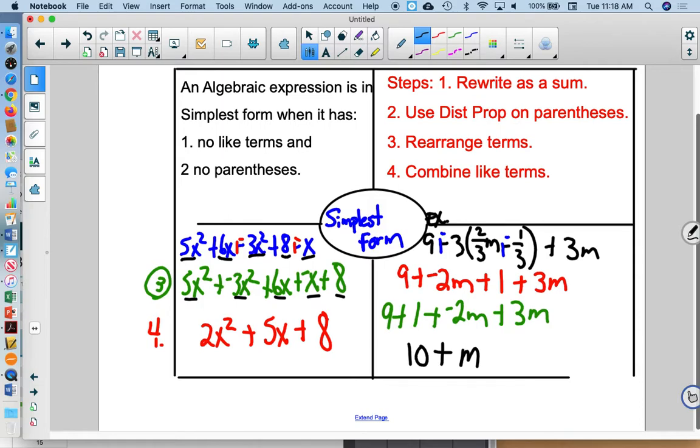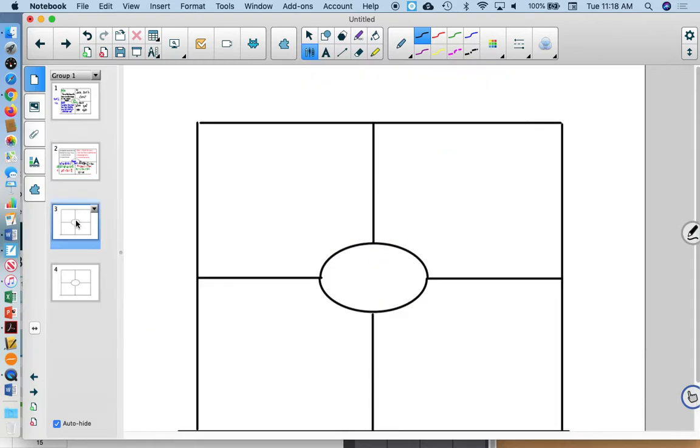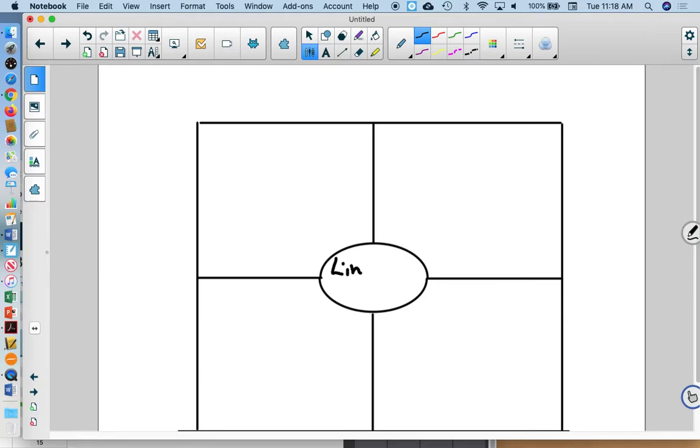There's one other that we've done, because what else have we been doing? Just yesterday, we were dealing with the linear expression.